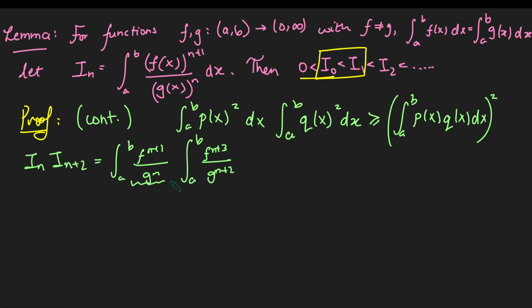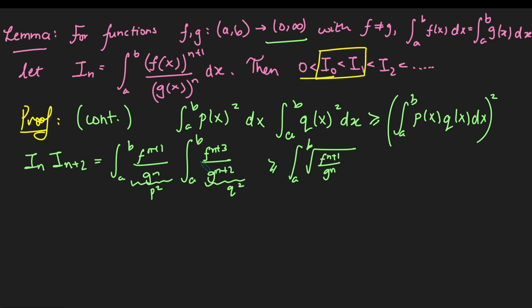This guy here will be p squared, this guy here q squared, and so according to the Cauchy-Schwarz inequality, this is bigger than or equal to the integral from a to b of p, which would be the square root of f to the n plus 1 over g to the n. And again, we don't need to worry too much about this being well defined. Well, it is well defined because f and g are both positive.